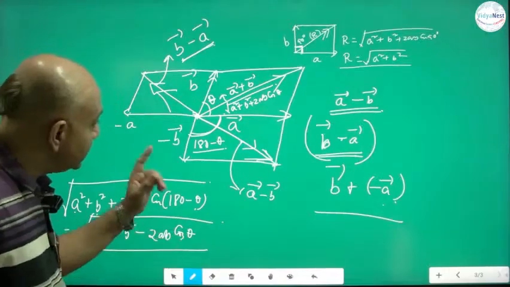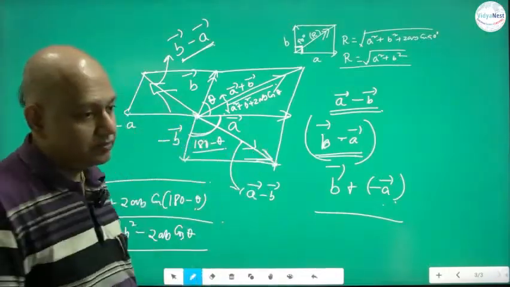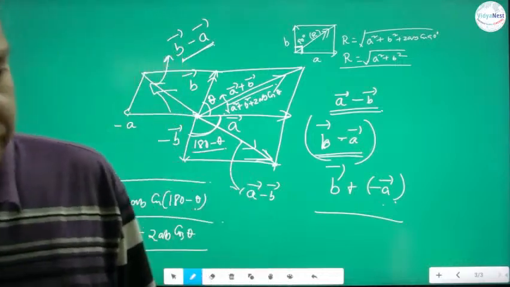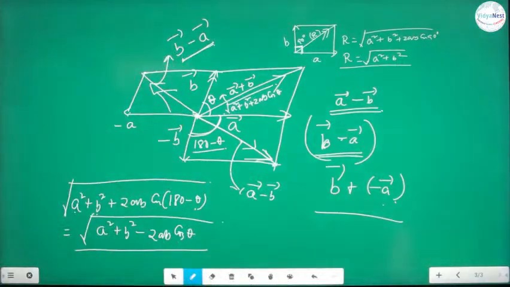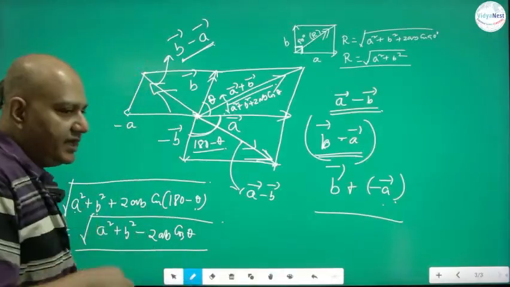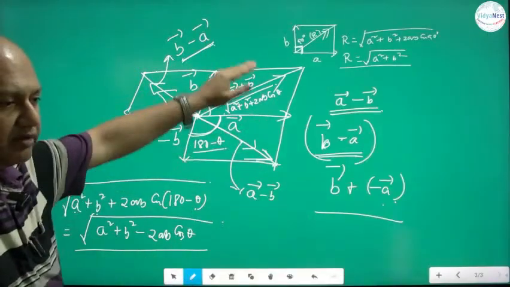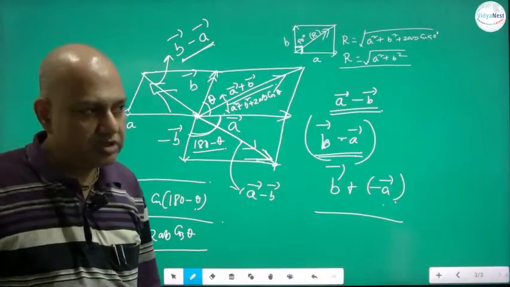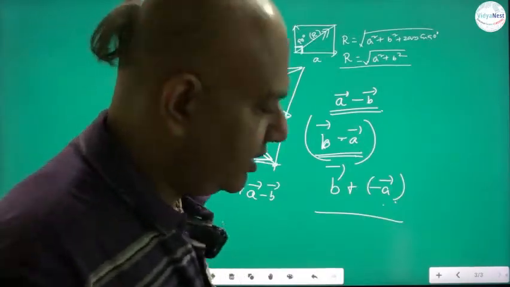This is the magnitude of the vector subtraction. Understood? Very good. Any doubt or any confusion, Saurabh, about the discussions we have done up to this? No problem? Very good.